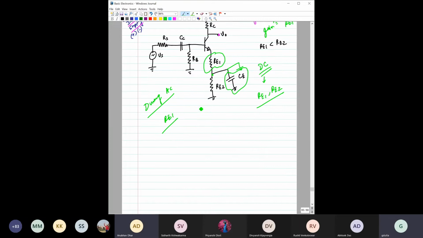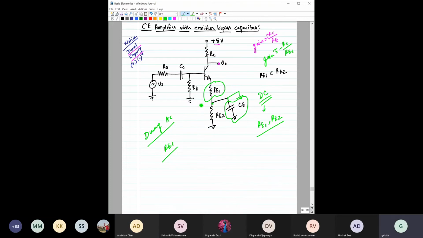No, sir. Can you tell the use of RB? Okay, good question. Suppose we do not have this RB. Then during DC analysis, the equivalent circuit would be like this: this is RE1, this is RE2, this is RC, this is plus 5 volt, this is minus 5 volt, and this capacitor is open.